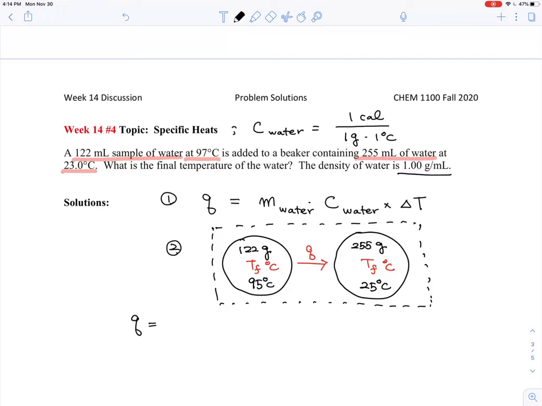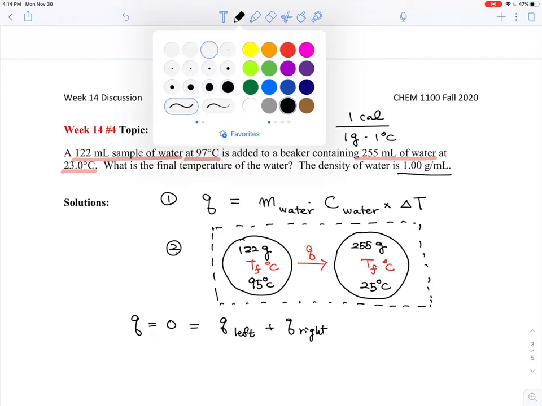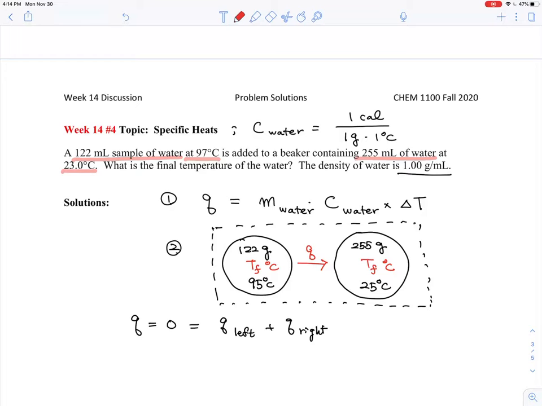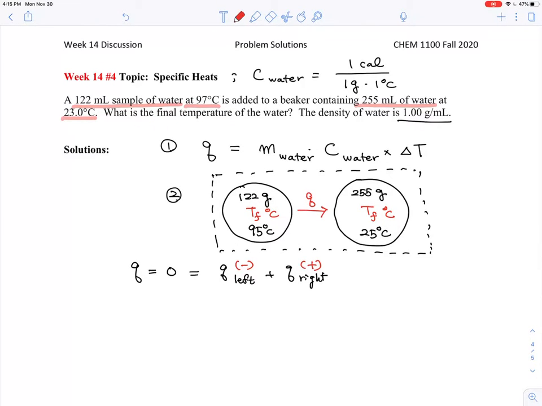So the Q total is actually 0. It's just Q left plus Q right. And as I mentioned before, for the left it is a negative value, and this must be a positive value. At the end, you will get the same answer.